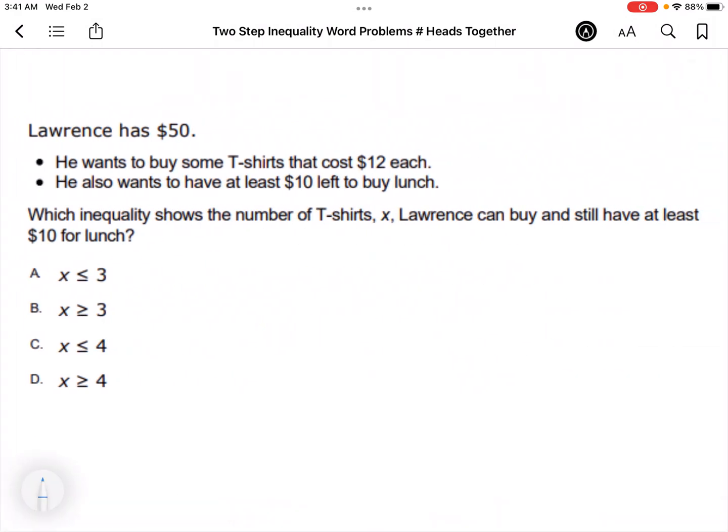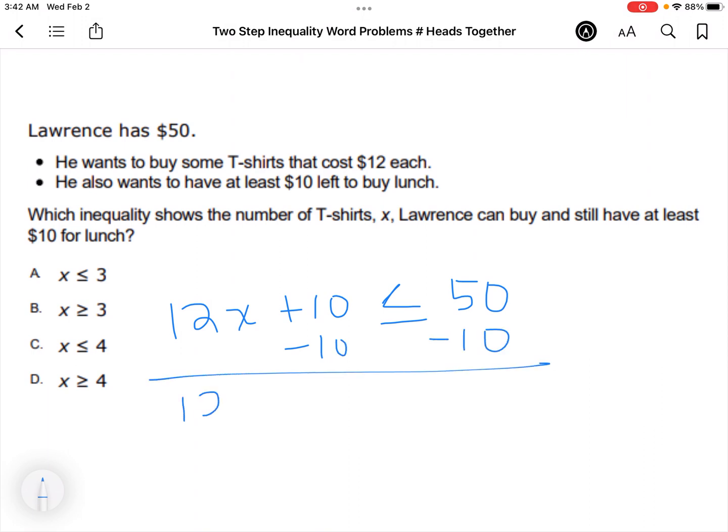Lawrence has $50. He wants to buy some t-shirts that cost $12 each. So that each tells me where the variable's going. He also wants to have at least $10 left to buy lunch. So he has $50. He can't spend more than that. So he can spend less than or equal to $50. So I'm going to subtract that 10. Divide by 12. So I get 3. Oh, it's not equal to.